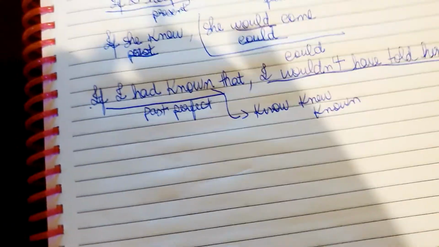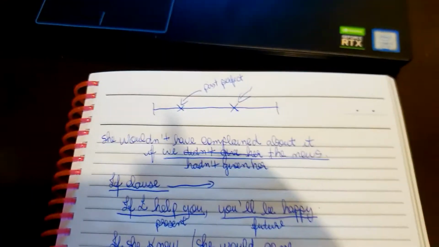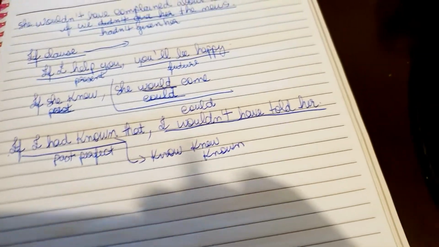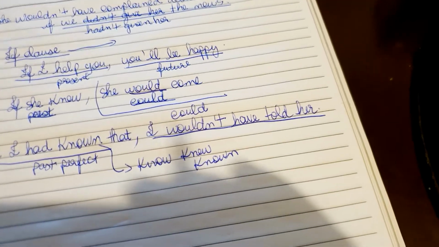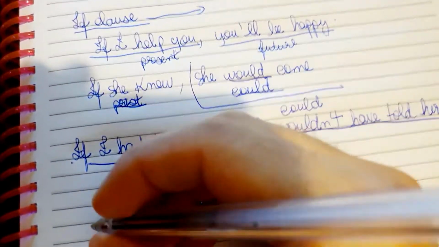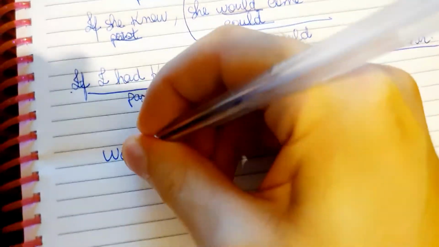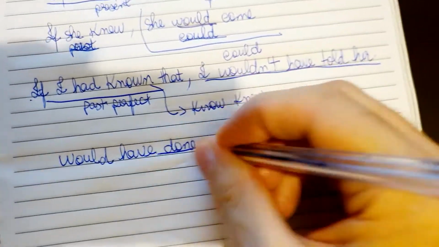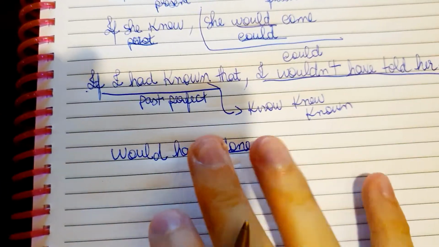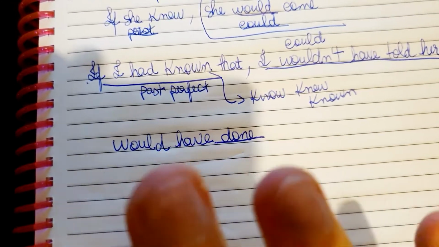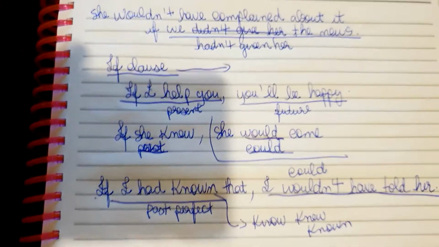So, given these explanations that we have talked about, remember that we use would have done something to talk about actions in the past, would have done. To imagine situations that could have happened in the past, but the action actually didn't happen, right?